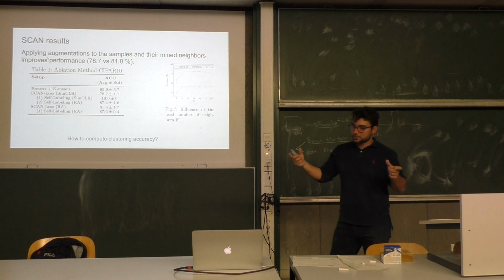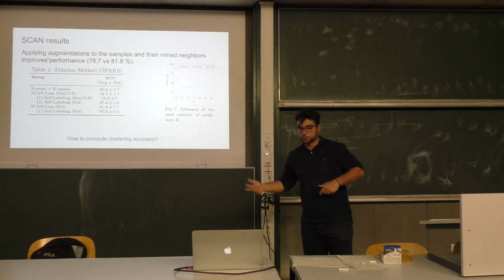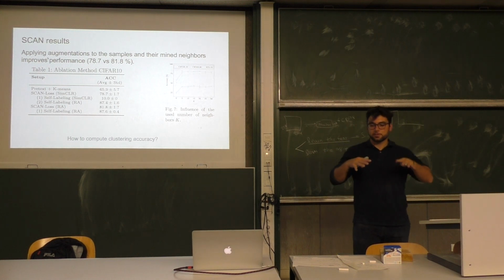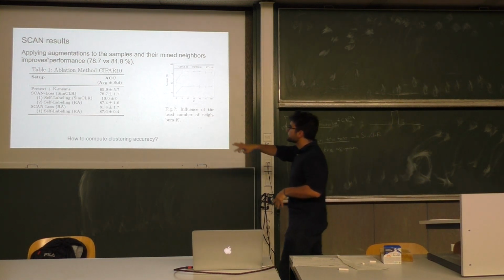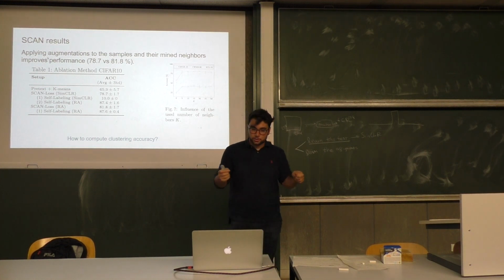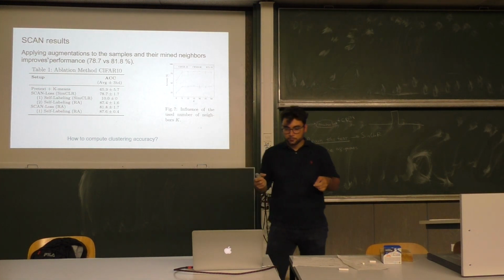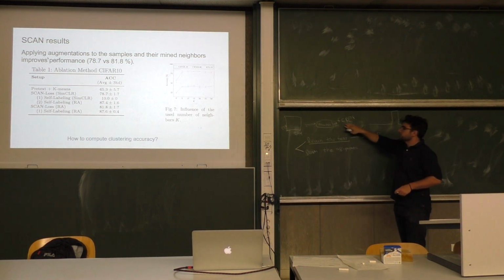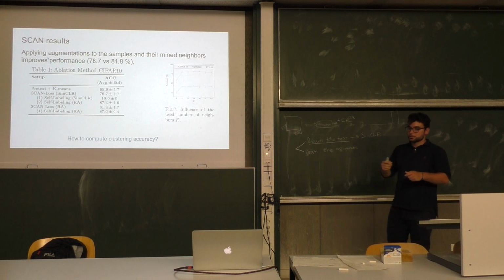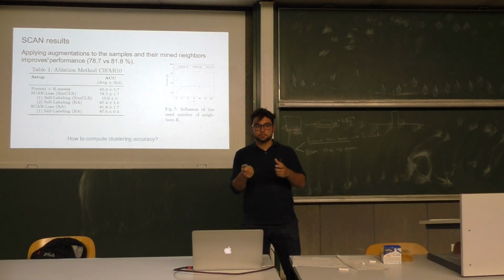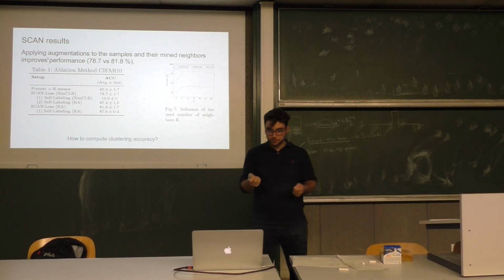On top of taking nearest neighbors, they also applied augmentations. So mining nearest neighbors is just computing the nearest neighbors, and then they also apply augmentation to those images, and they show significant performance improvement. This may indicate that the layer that is trained on those representations is also able to model some additional augmentation-based invariances.